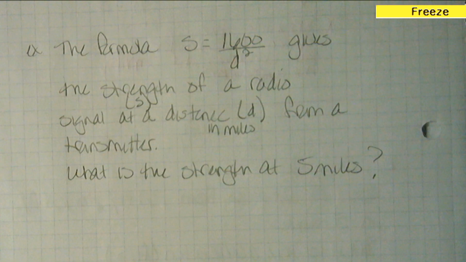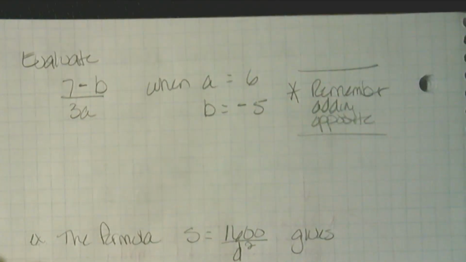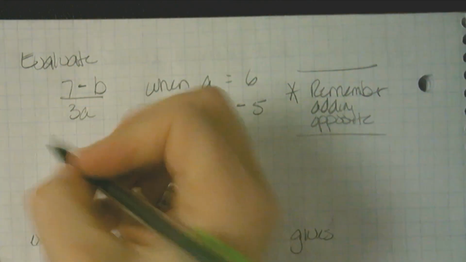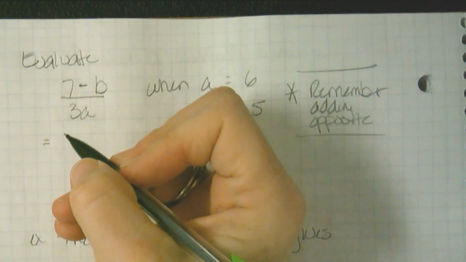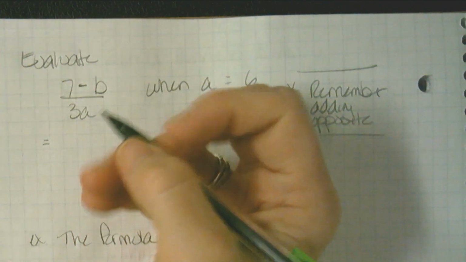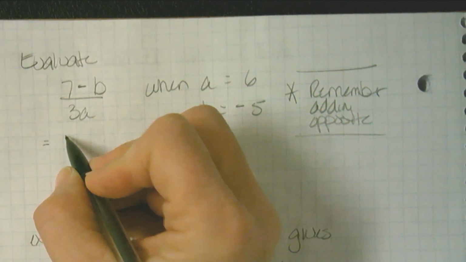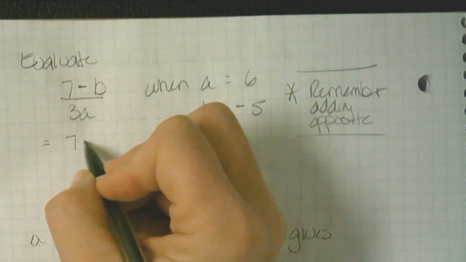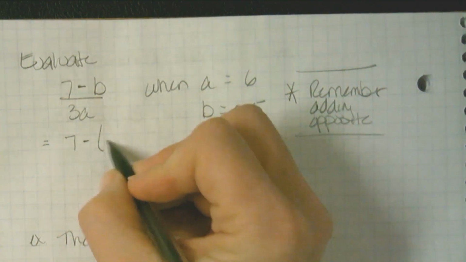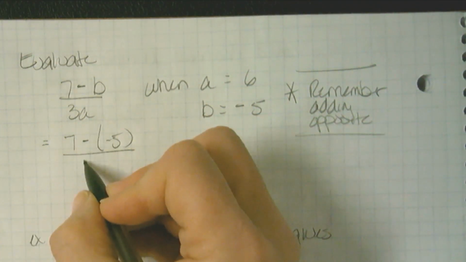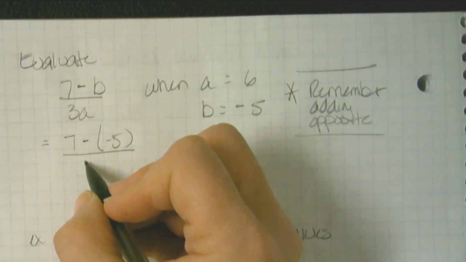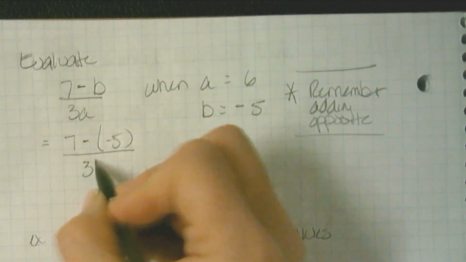Let's take a look at the first one. Someone tell me what to do on the first one. Layla? So I have 7 minus, over 3 times, thank you.